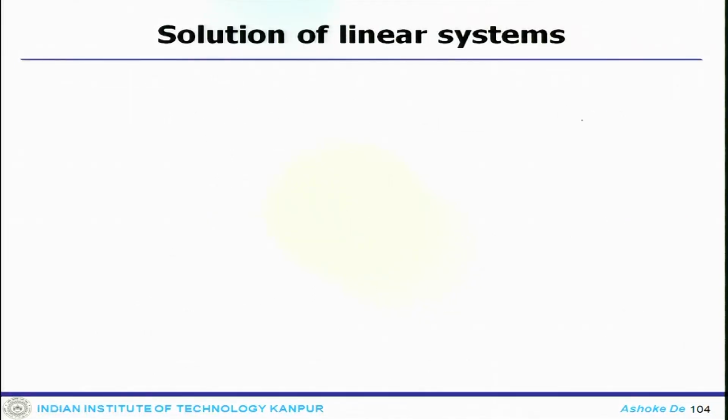Okay. Now a slightly different insight can be obtained by defining an error in the solution. The error at the nth level is e^n equals phi^n minus phi. Theoretically this error should go towards 0 when the solution converges.